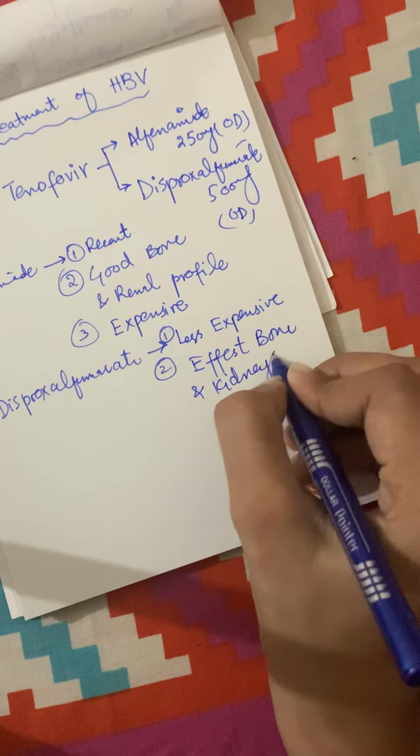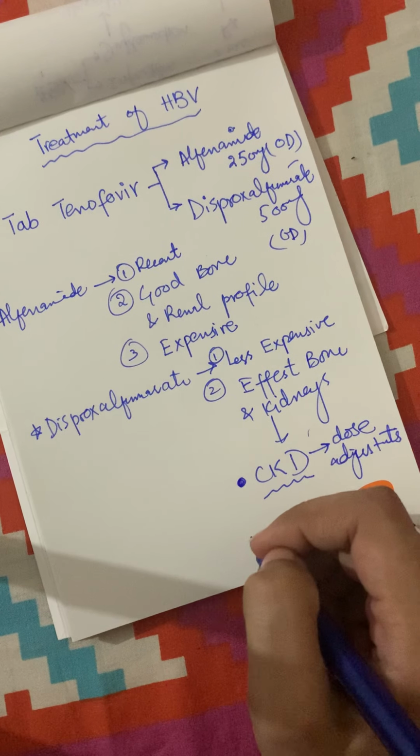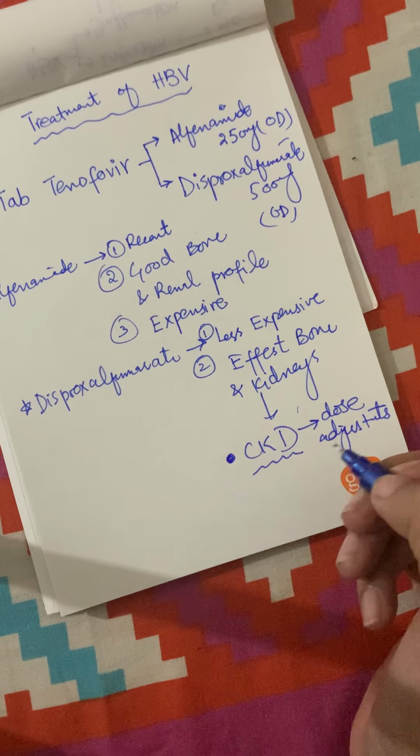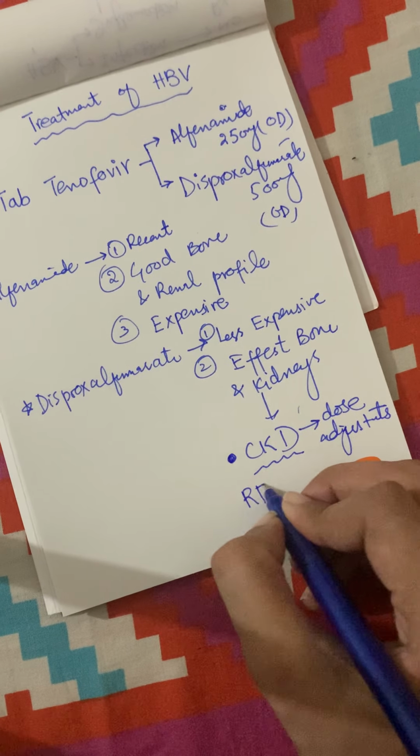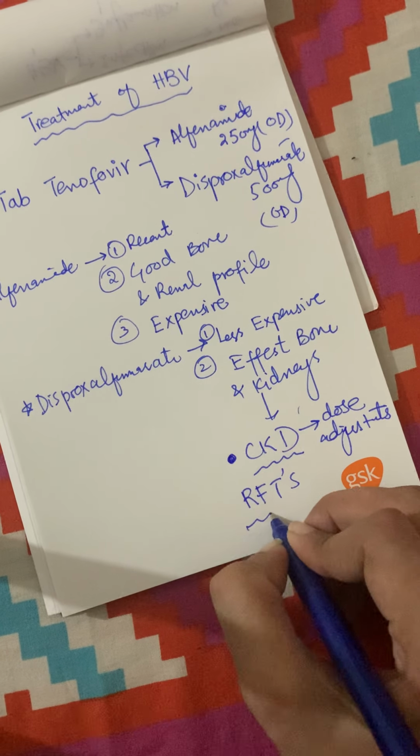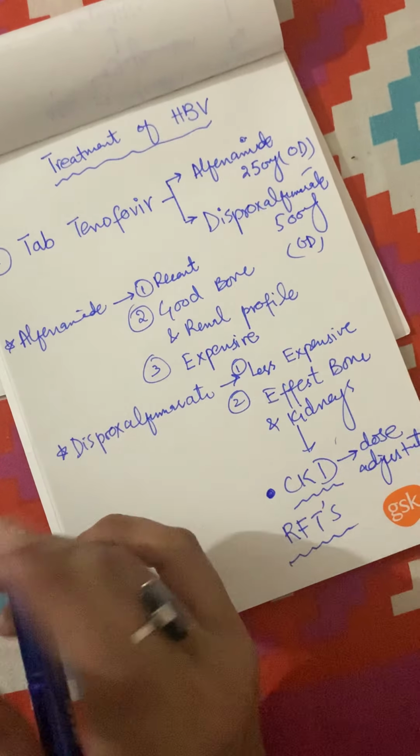So we have to be careful while dealing with patients of chronic kidney disease, and we have to do dose adjustment. Special consideration has to be given in patients having deranged RFTs. We have to see the RFTs for the follow-up.